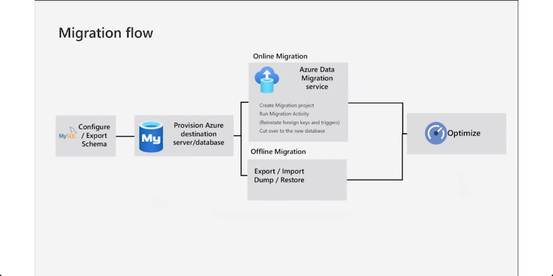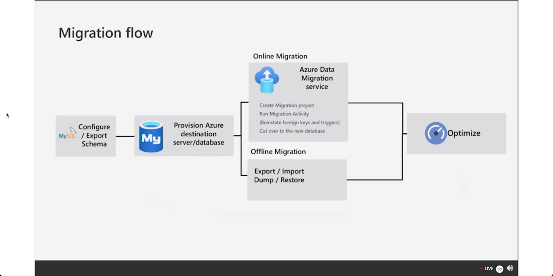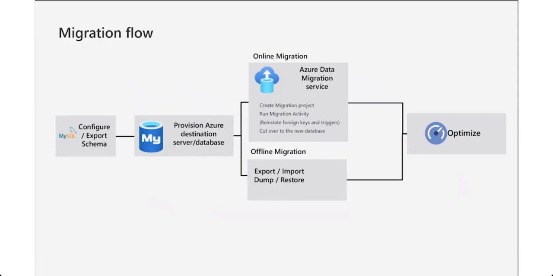One of the tools we'll be using around that is the Azure Database Migration Service, which facilitates the online migration of MySQL to Azure DB for MySQL, supporting multiple versions of MySQL, 5.6 and 8.0, and you could also migrate AWS RDS MySQL workloads to Azure DB for MySQL. That can be done online from an on-premises MySQL installation, or it can be done in an offline fashion as well.